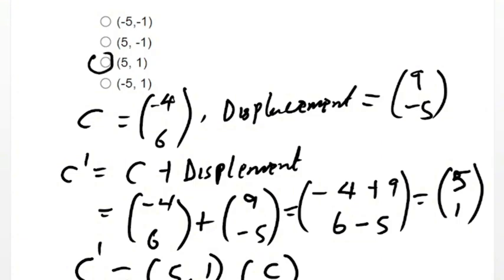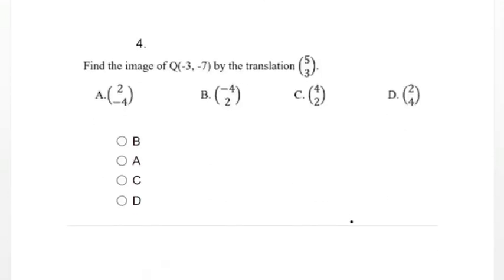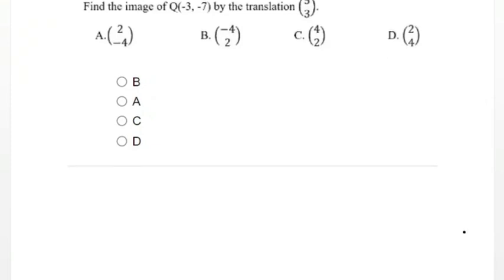Then number 4. Question 4 is: find the image of Q of coordinate -3, -7 by the translation 5, 3. By the translation 5, 3, this means the displacement factor is given as 5, 3. So the image of Q, that is Q prime, equals Q plus the displacement factor.